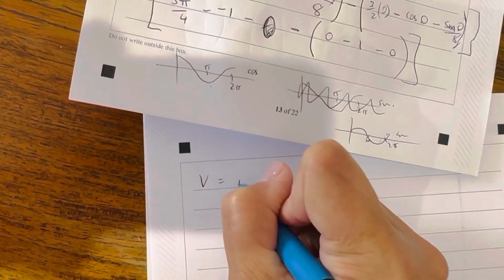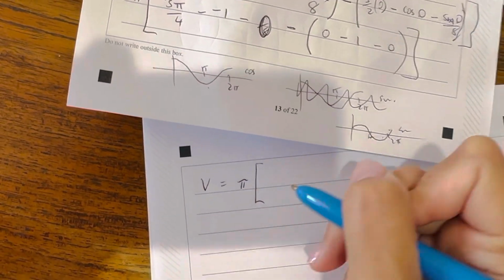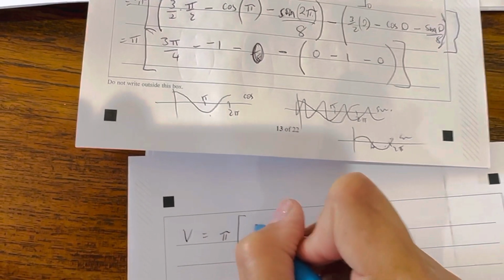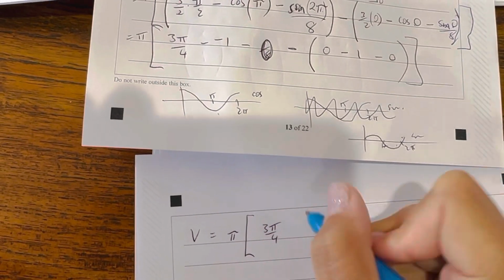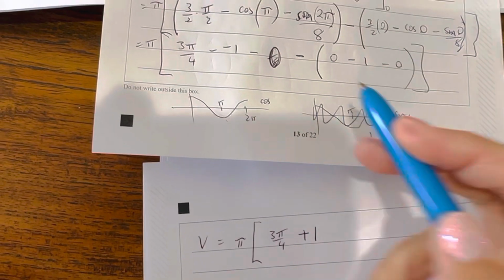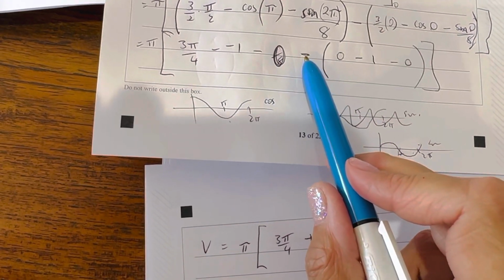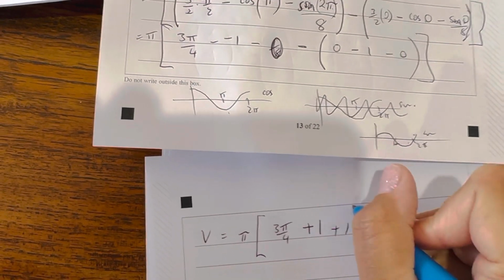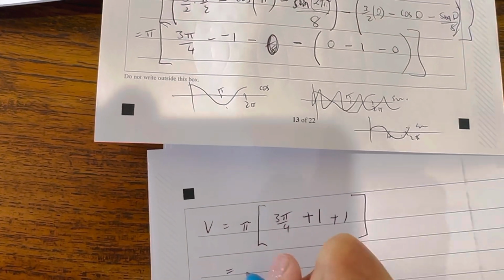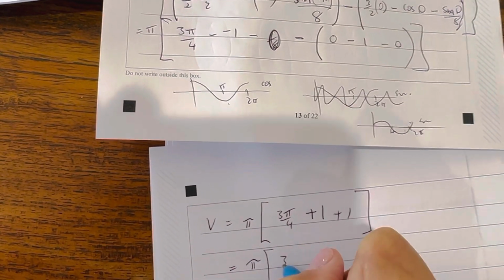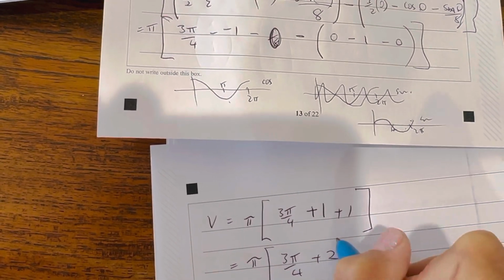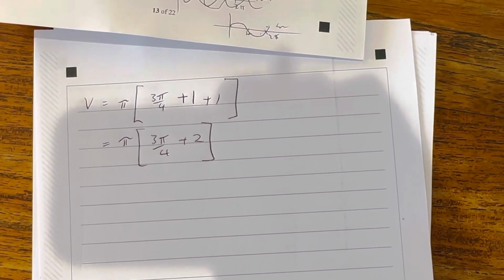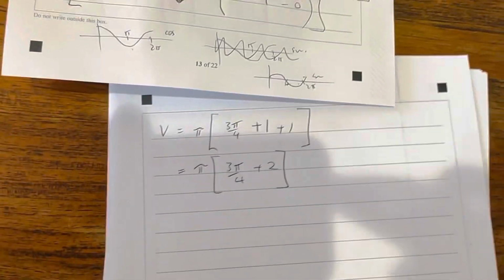So our volume is equal to pi, in brackets, following what I've got there, I've got 3 pi on 4 plus 1. Now this take -1 will be plus another 1. And done. So pi times (3 pi on 4 plus 2) is my answer.